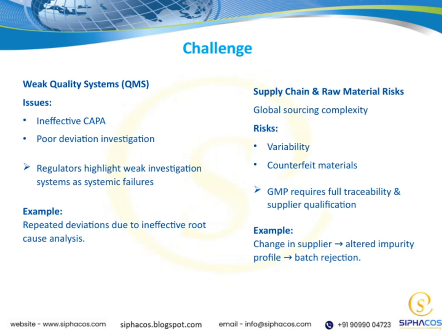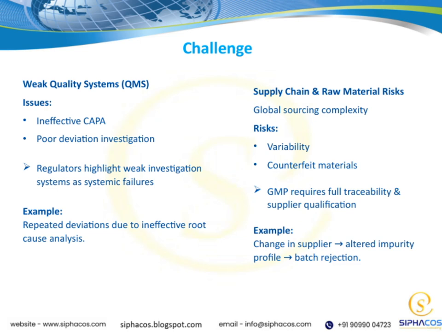Regulators often point out that weak investigation systems are systemic failures, highlighting their importance. For example, repeated deviations due to ineffective root cause analysis can undermine product quality and compliance. In summary, managing these risks involves careful oversight of the entire supply chain and robust quality systems to ensure consistent, high-quality products.